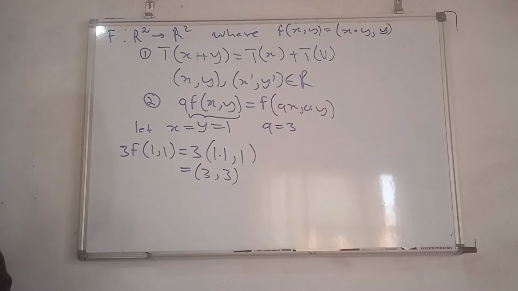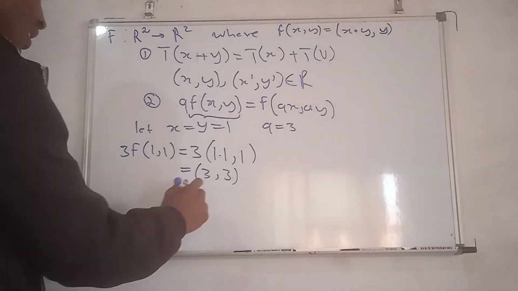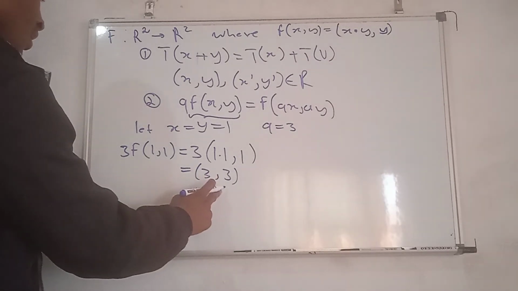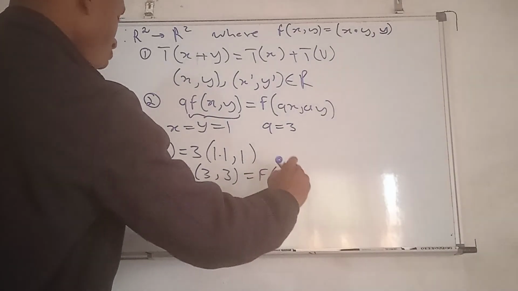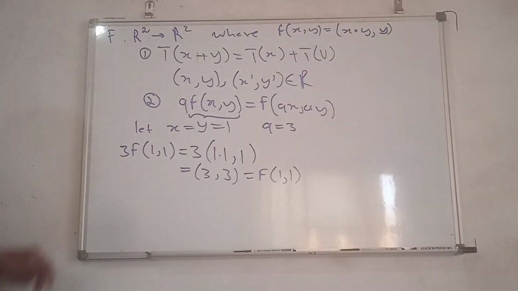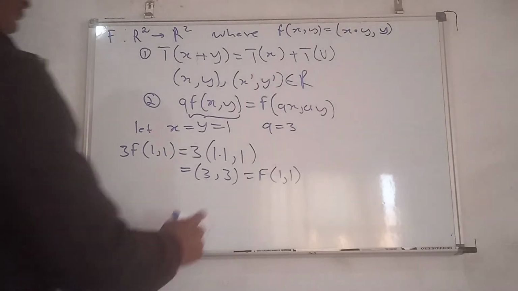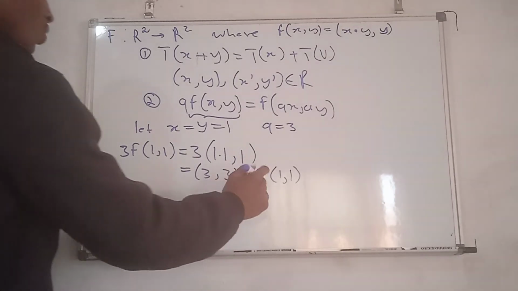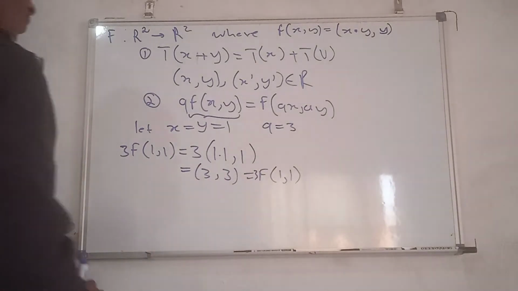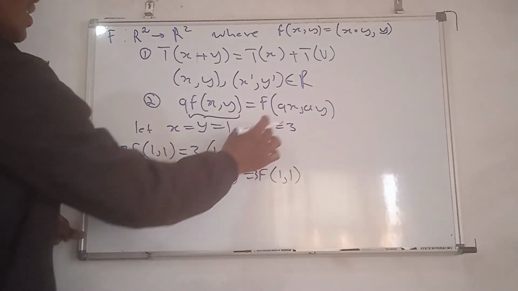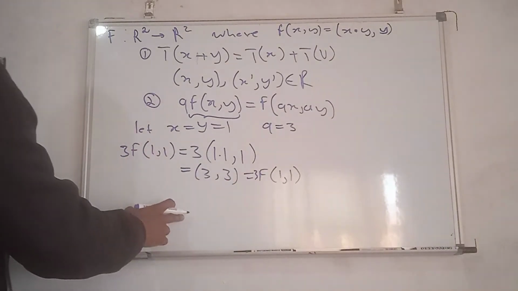We agree. But (3, 3) is equal to f(1, 1) multiplied by the scalar, like I said here. So we can consider this part of the equation.